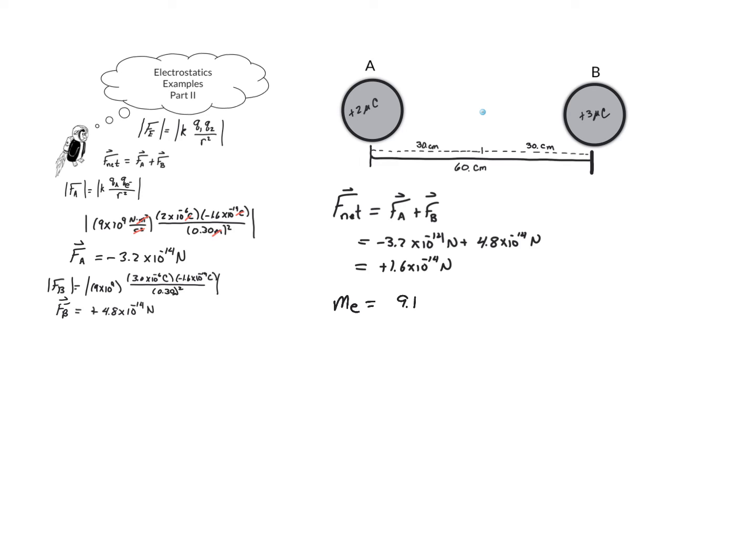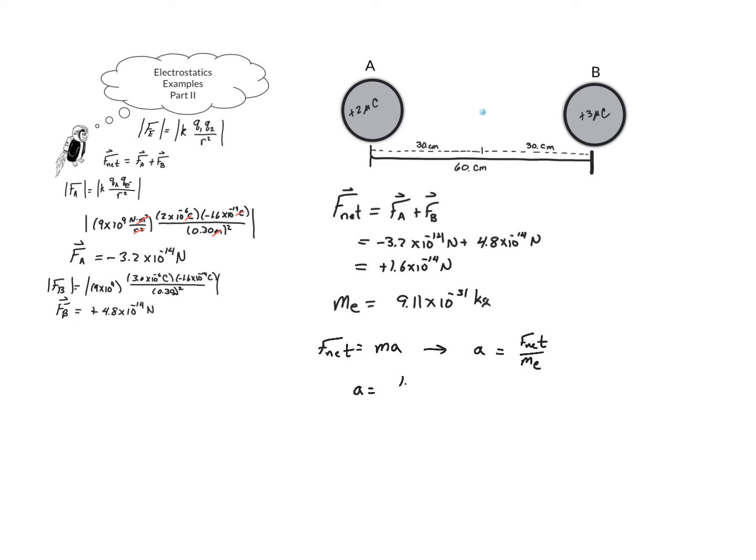It's 9.11 times 10 to the minus 31 kilograms. So we can use F net equals ma to figure out the acceleration of this electron. The acceleration is going to be the net force that we just calculated divided by the mass of the electron.